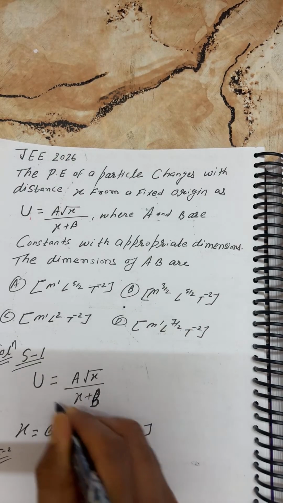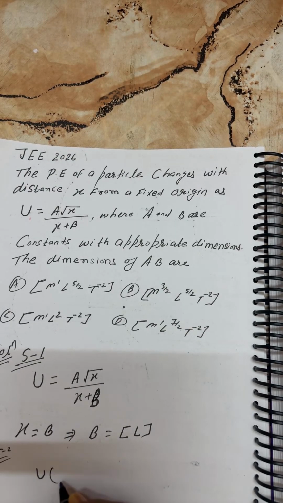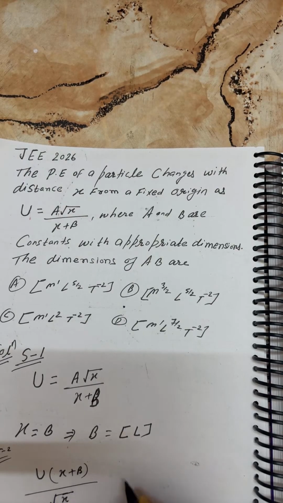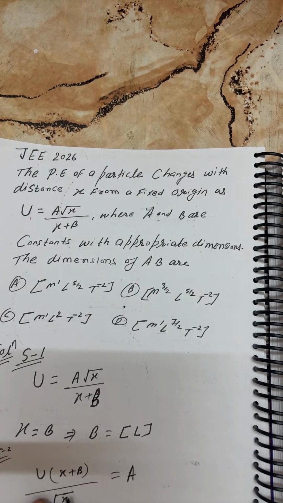Now I'm doing a cross multiply: U times (x plus b) upon root of x is equal to A. I can write it here. You know x and b both have the same dimension, so no need to worry.